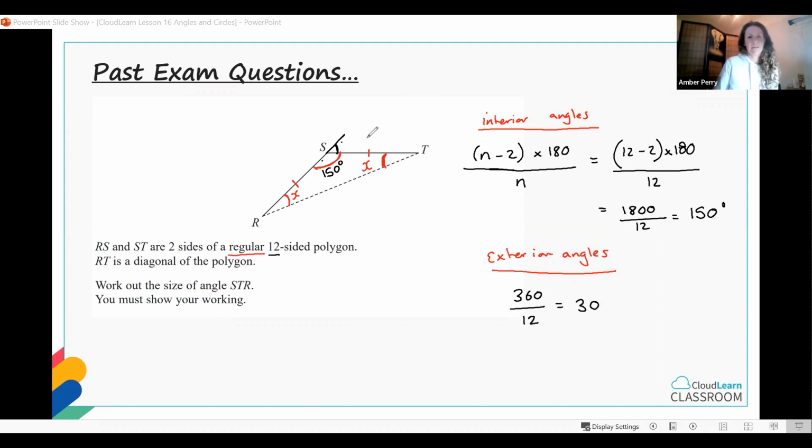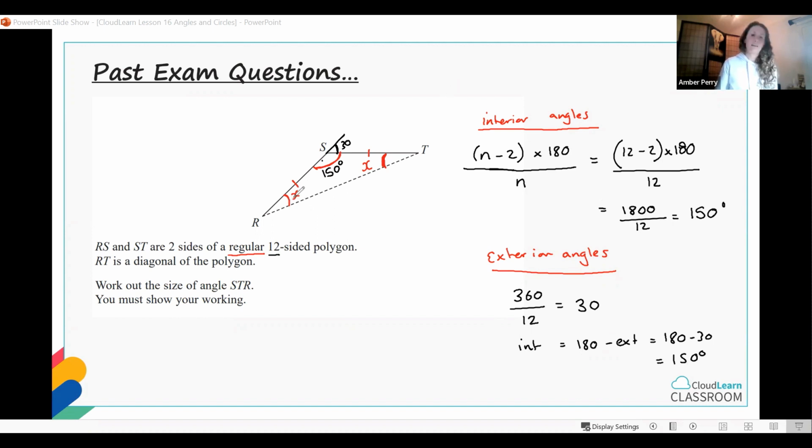So that bit's 30. And then remember, the interior angle is equal to 180 minus the exterior angle, which is 180 minus 30, which is 150. So 2 methods giving us the same answer. Hopefully you can see that they both lead to the same answer. You can just choose which one you like best and use that in the exam.